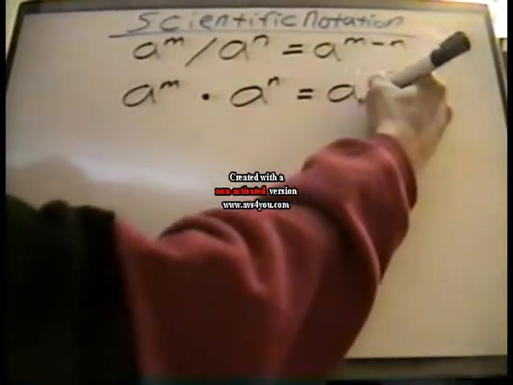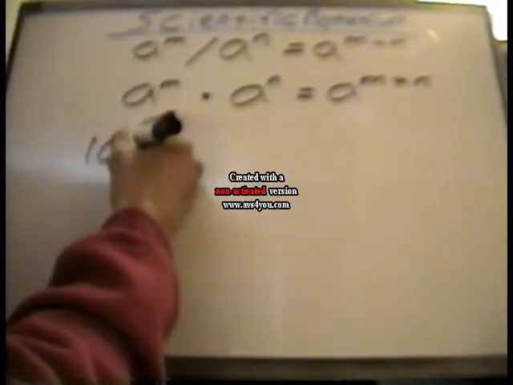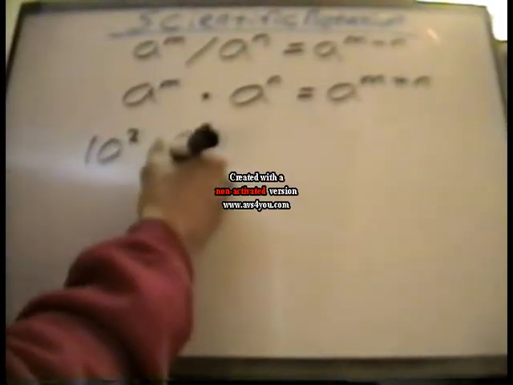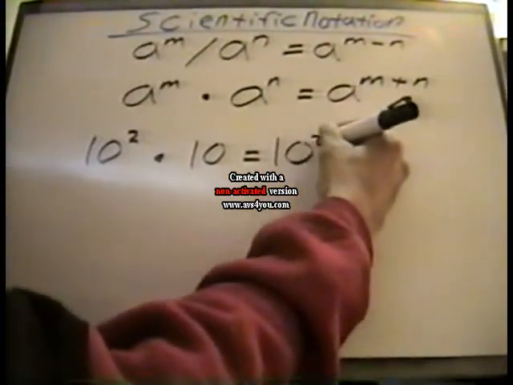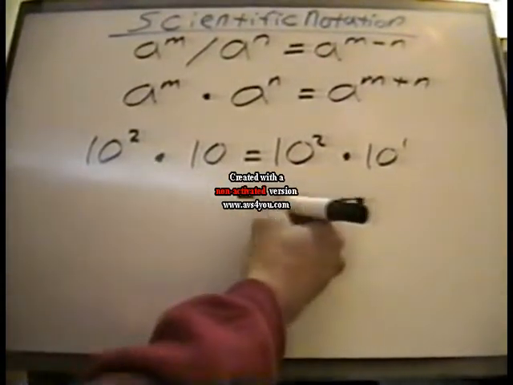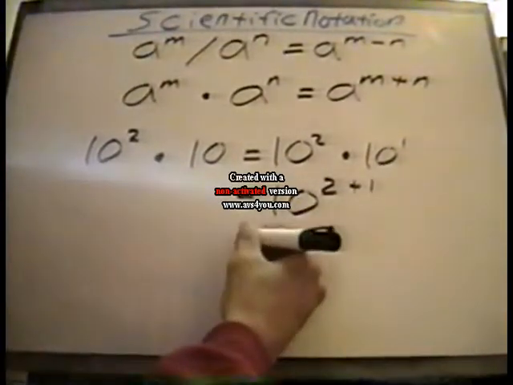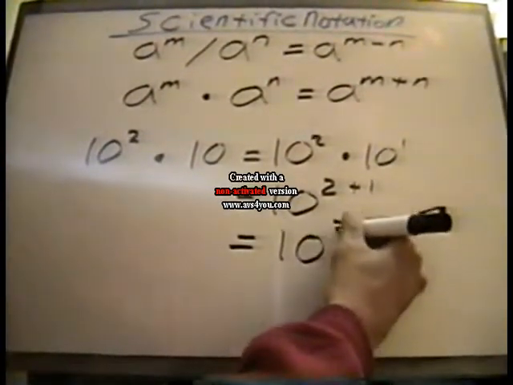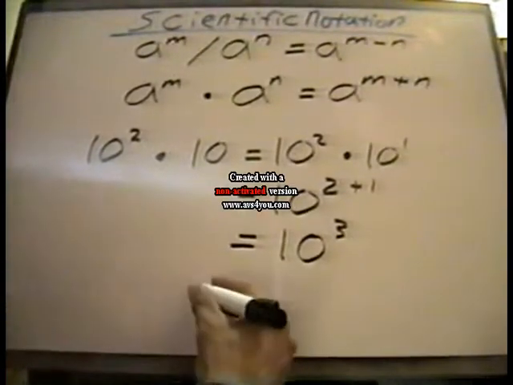Now, let's say we have powers of 10. 10 to the power of 2 times 10. Well, that equals 10 to the power of 2 times 10 to the power of 1. Gives us 10 to the power of 2 plus 1, or 10 to the power of 3. And we know that 10 to the power of 3 equals 1,000.